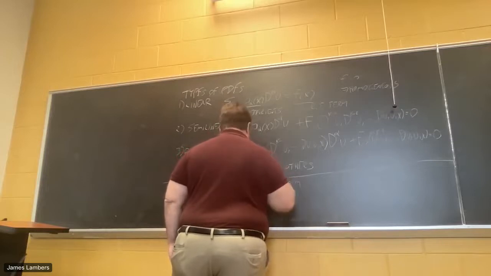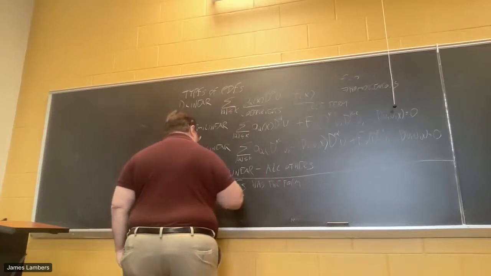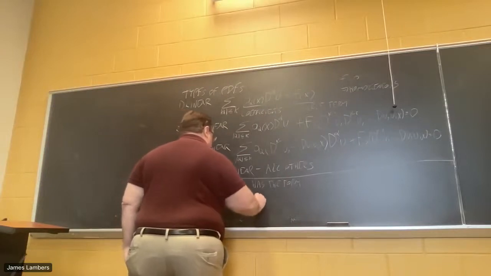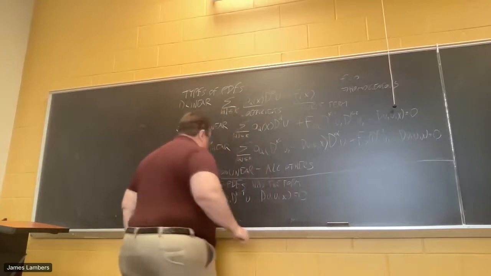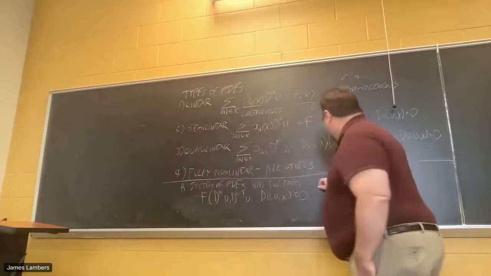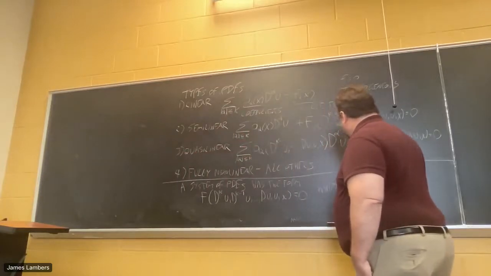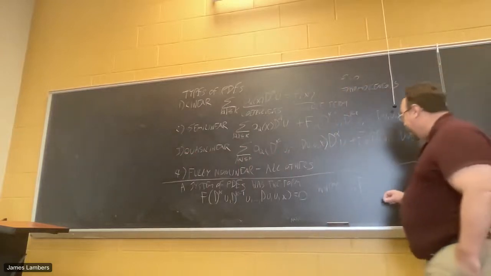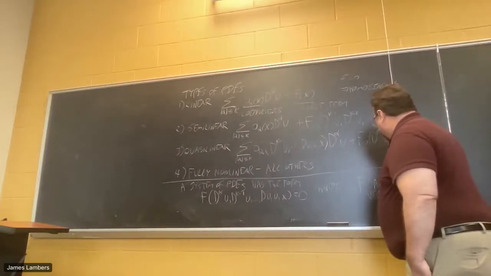The form of a general system of PDEs, it turns out, is exactly the same as when I wrote the most general PDE earlier. The difference is that the solution u and the function f that defines the system of PDEs have to both be vector valued.